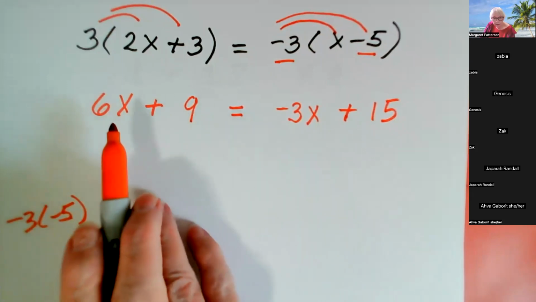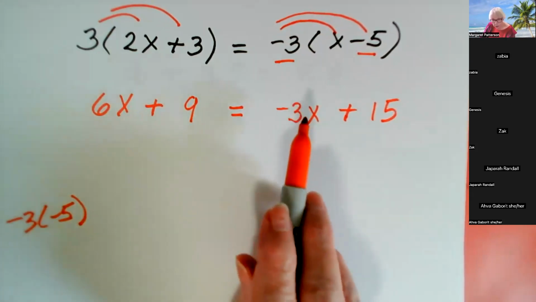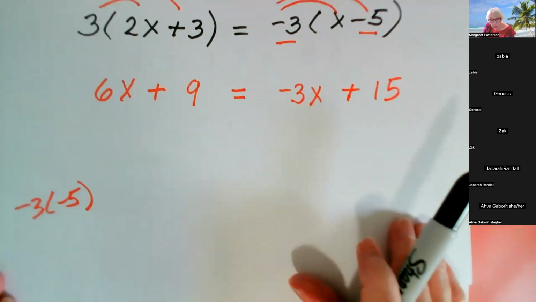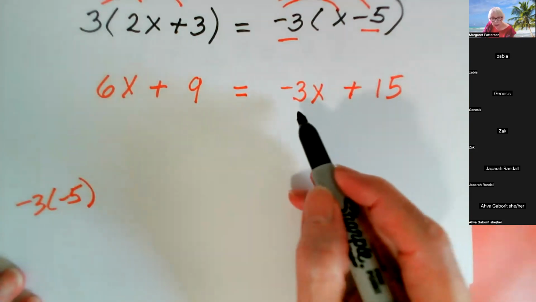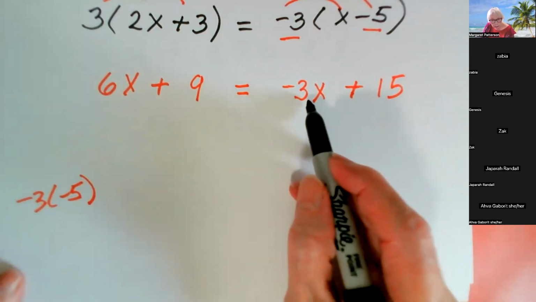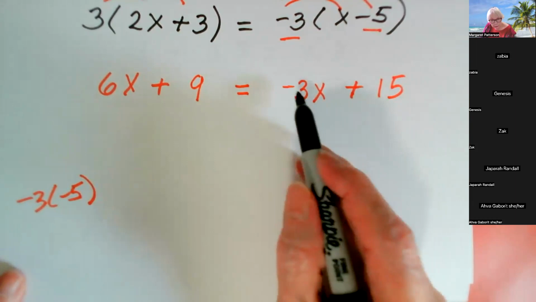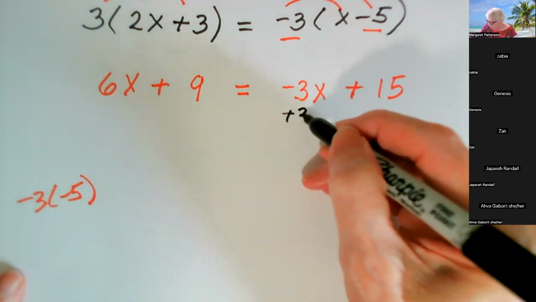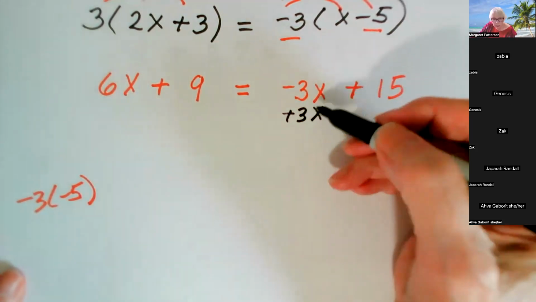Now, I've got x's on both sides. I need to decide which one's smaller, so I avoid negatives as much as possible. This one is clearly lower on the number line, and it's -3, -3x. I'm going to add 3x to get rid of it. This is the opposite.